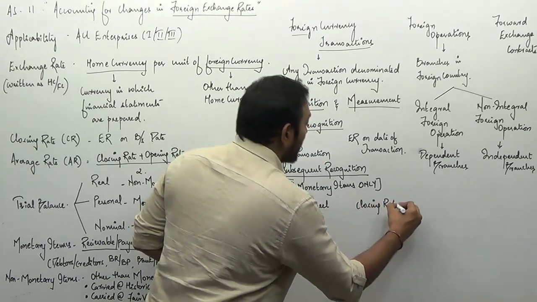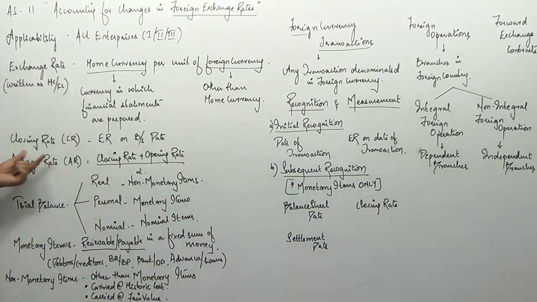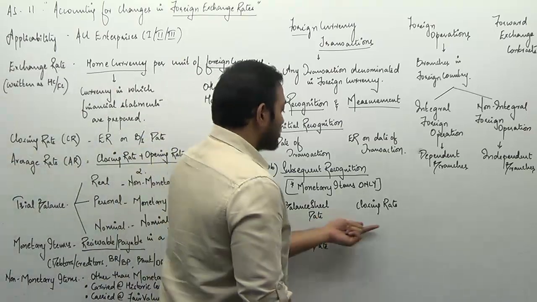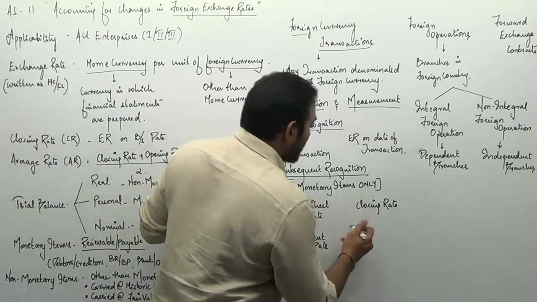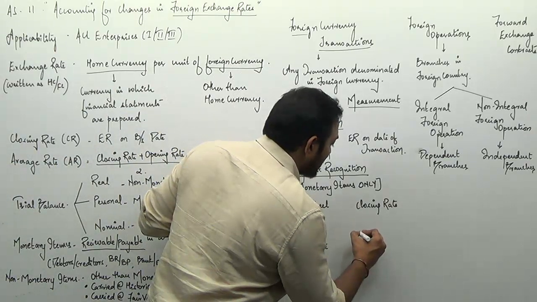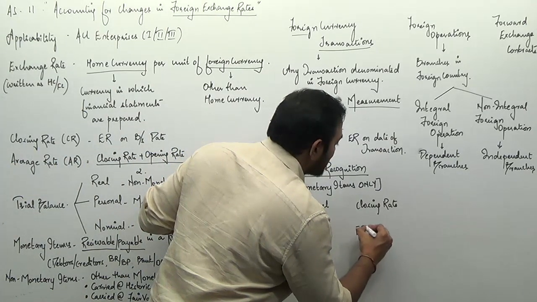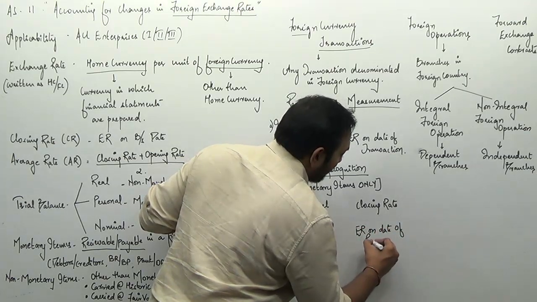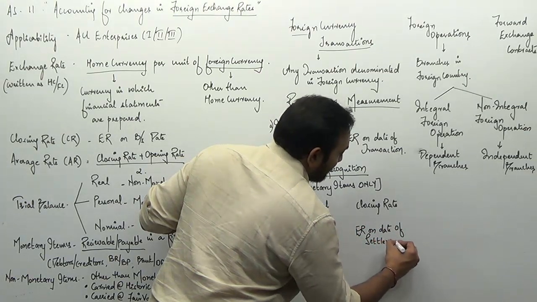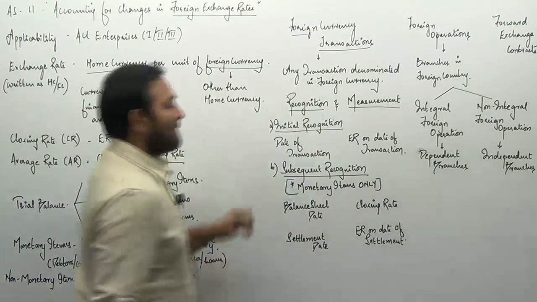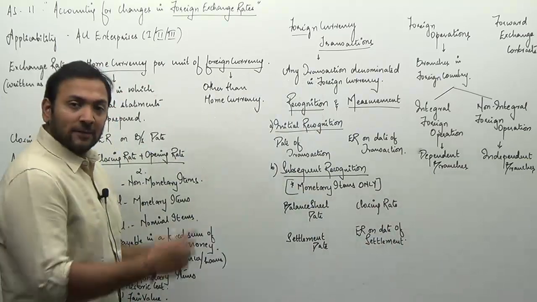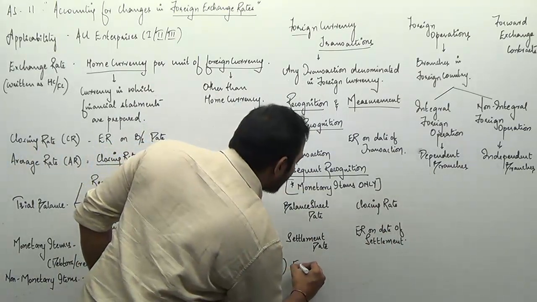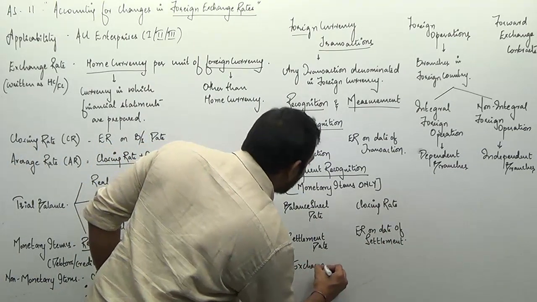We have seen what a closing rate is. Closing rate is the exchange rate on balance sheet date. So whenever your subsequent recognition is on balance sheet date, use the closing rate. On settlement date, always take the exchange rate on date of settlement. Whenever there is subsequent recognition, whether I'm increasing or decreasing, there will be some exchange differences arising.